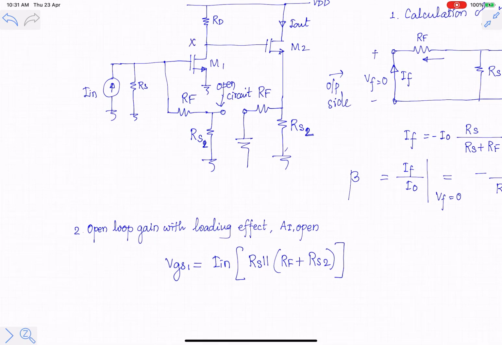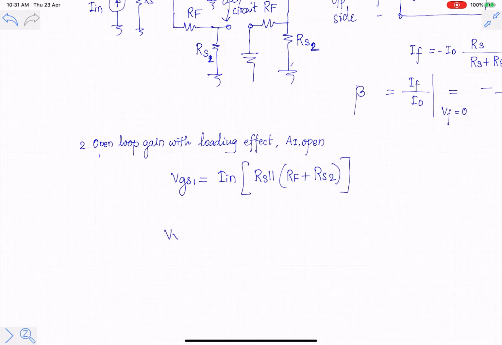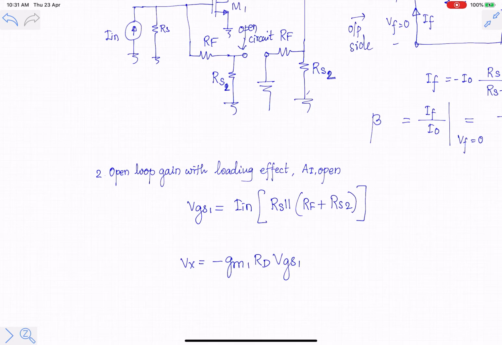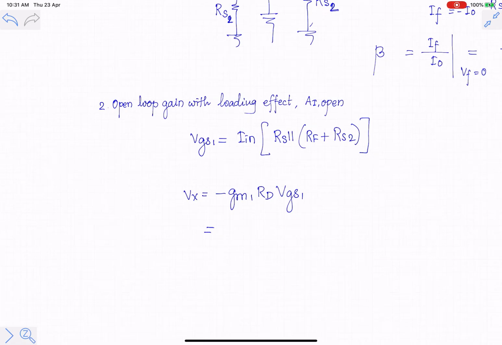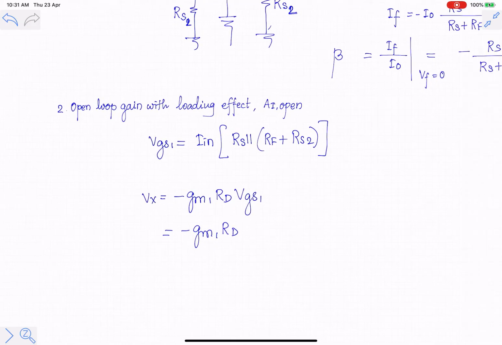If I say this node is X, then Vx is equal to minus GM1 into RD into VGS1. Output voltage is equal to gain multiplied by input voltage, which is equal to minus GM1 into RD into RS parallel RF plus RS2 into IN. This is Vx.